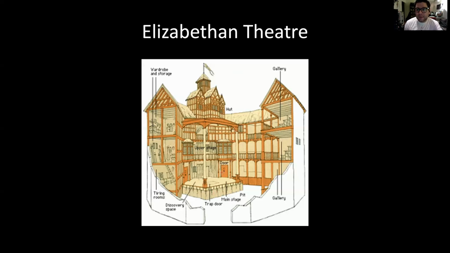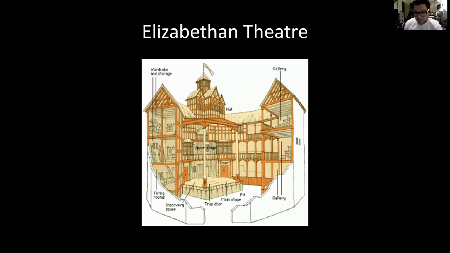And the big thing to recognize here is that most of the people watching the Elizabethan theater, Shakespeare's theater, watched it from right down here in the pit. These guys were known as the groundlings, and they could just lean against the theater, the proscenium arch. They could just lean right onto the apron of the stage and just watch the play from standing.